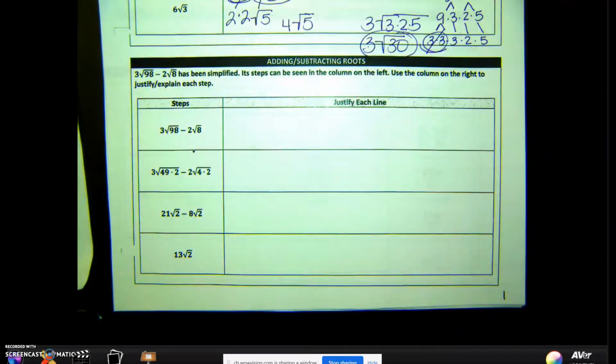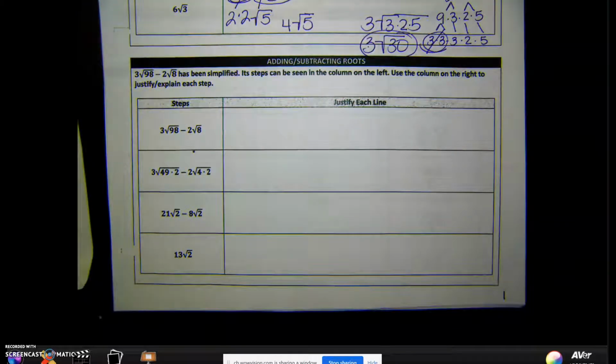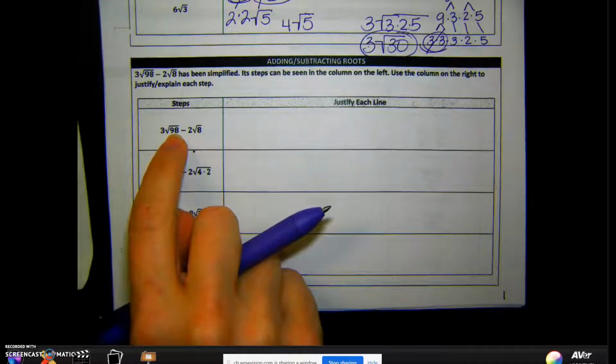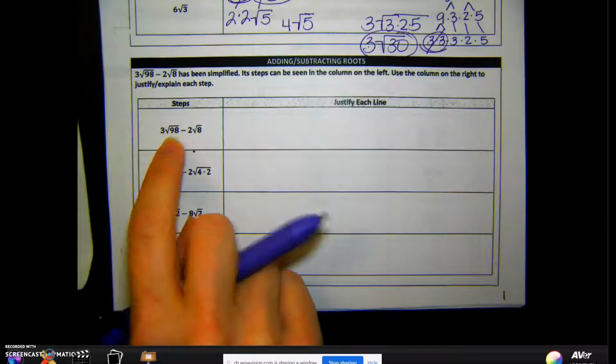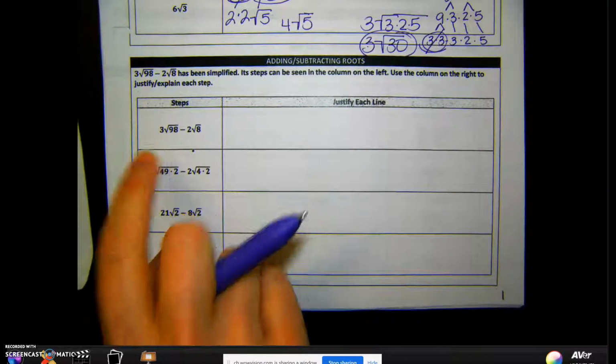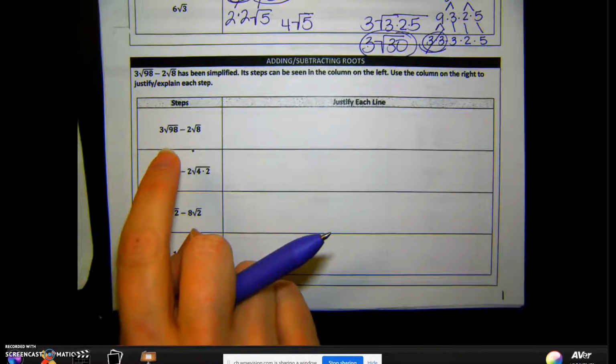Because if I give you this 3 square roots of 98 minus 2 square roots of 8, you cannot just subtract them. Okay, you can't say 98 minus 8 is 90, so it's square root of 90, then reduce that down. You actually have to get to the point where the radicals are the same exact number. And if they're not the same exact number, you cannot add or subtract them.